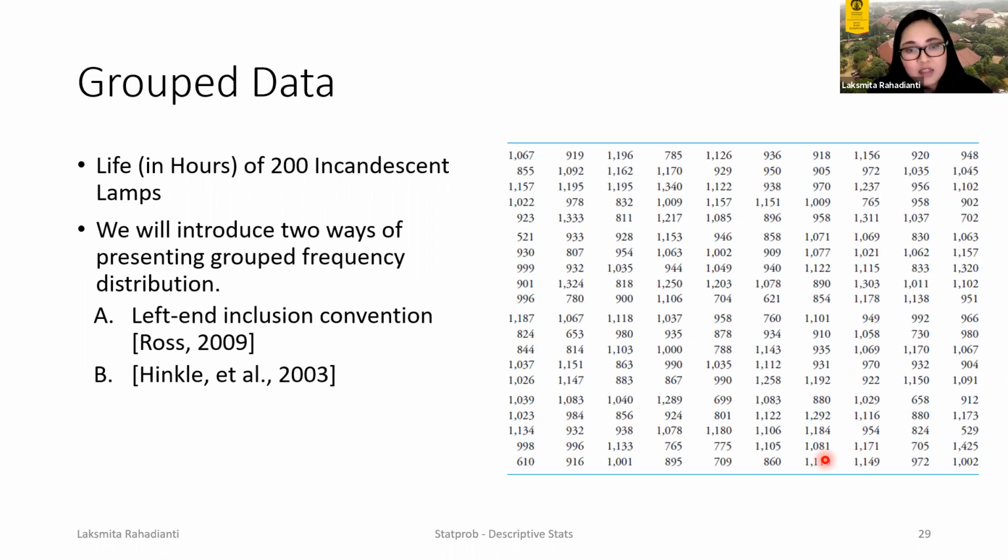The first one is based on our main textbook, which is the Ross book, Sheldon Ross, and it is the left-hand inclusion convention, which we're going to talk about first. But there's also a very commonly used convention, which doesn't really have a name, proposed by Hinkle in 2003.